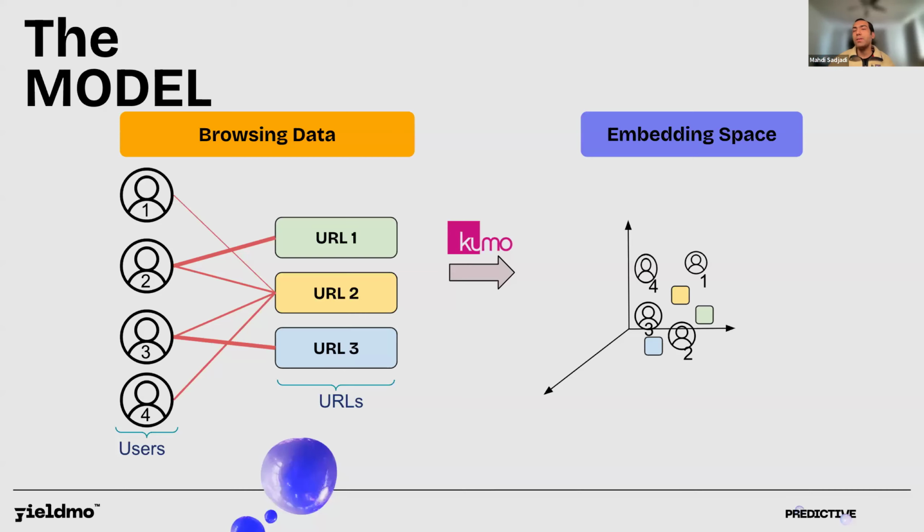In that space, the effect is that items that are similar to each other end up closer to each other, and items that are not similar are far apart. So this distance between the items becomes the critical information that we need.